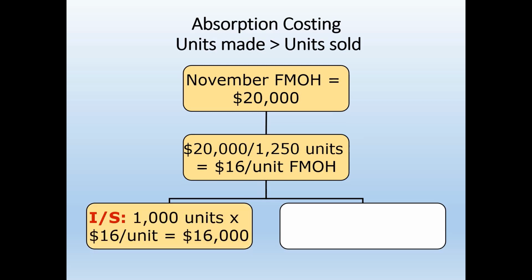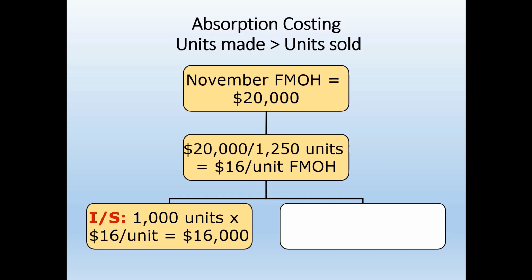We only sold 1,000 of these units. At $16 of fixed overhead per unit, that means that out of the firm's total $20,000 of fixed overhead, only $16,000 of that ended up on the income statement in cost of goods sold.